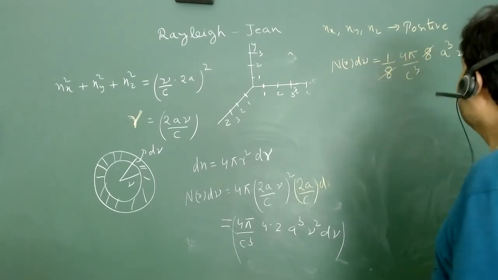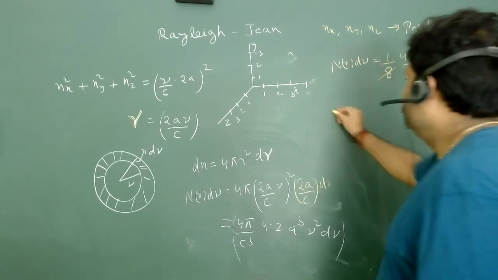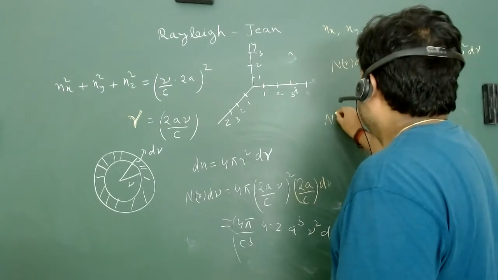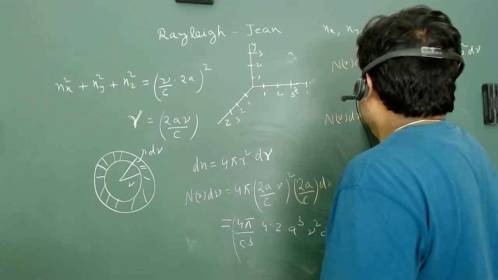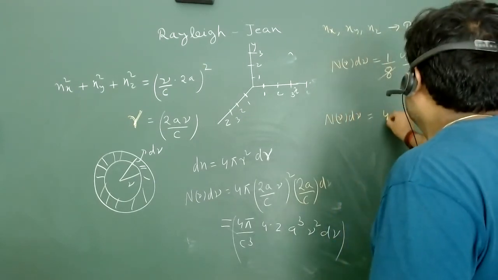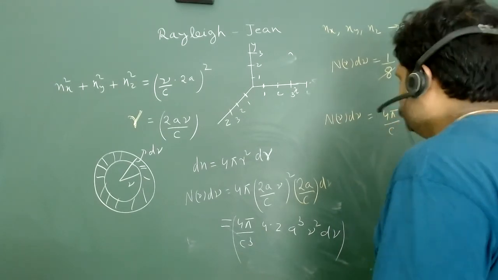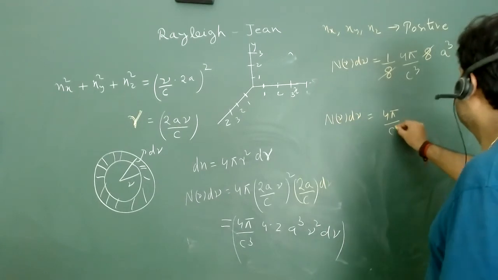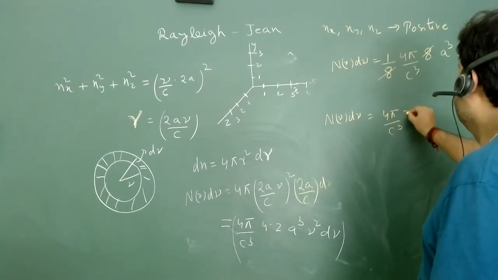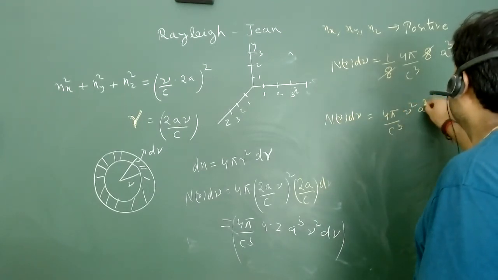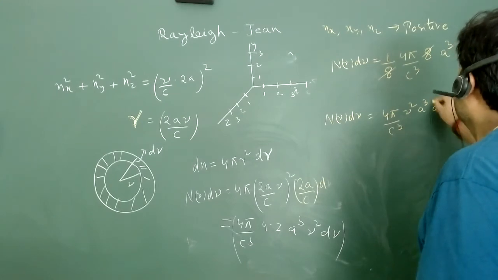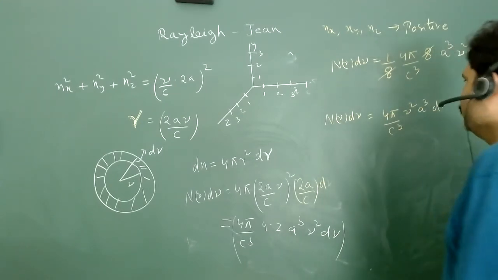Then this will cancel out. So we have n nu d nu is equal to 4 pi upon c cube, nu square, a cube, d nu, and a cube is the volume.